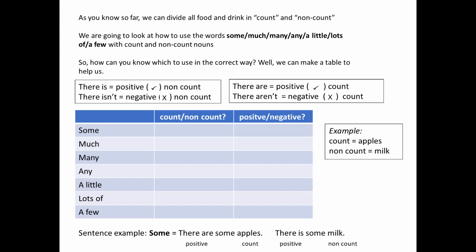So there is and there isn't, both non-count. The next box, there are and there aren't. Well, there are is positive, and we use with count. Count food and drink. And there aren't is negative, and again we use this with count. So there are and there aren't, both use with count.